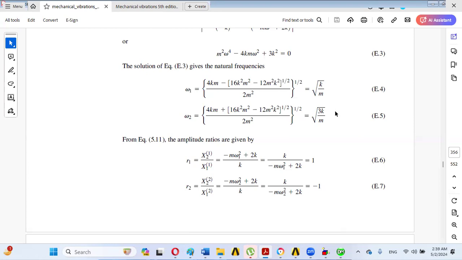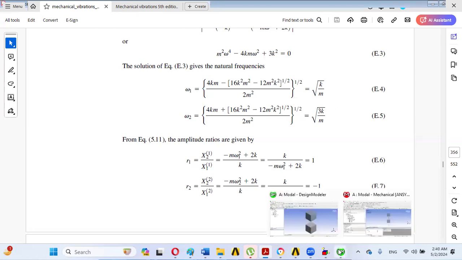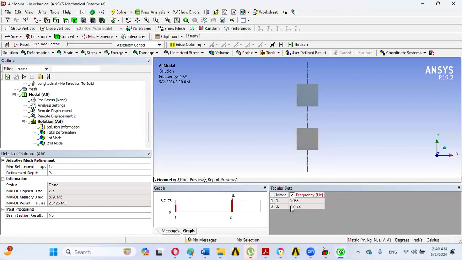And then this is actually the circular frequency, omega 2. We can divide it by 2 pi, then this comes out to be 8.7172. And here we can observe that the answer is 8.717. So these have been 100% verified.